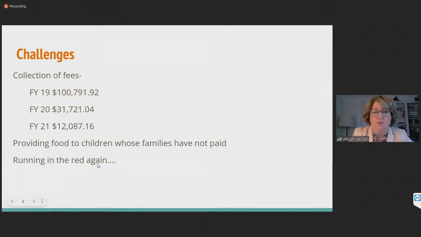Now, I want to remind the committee members that are new, the real downside for Easthampton and for every other community is that we have a very difficult time collecting fees from families, because this school district and the school committee have said in the past that they don't want a child to go hungry.